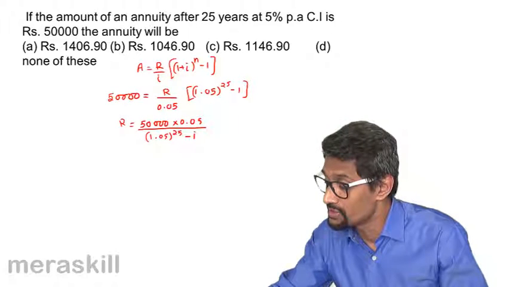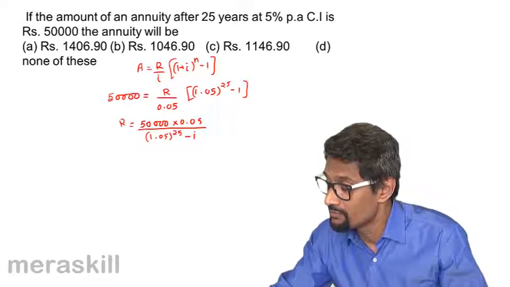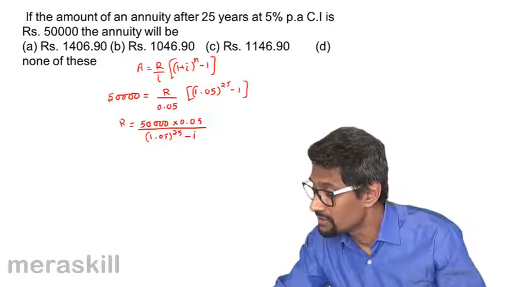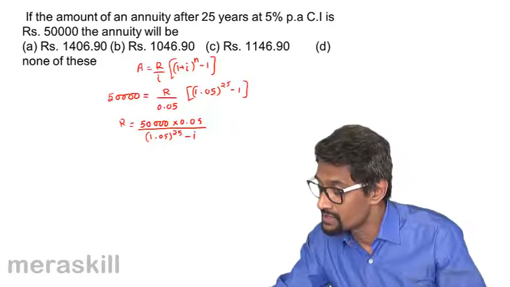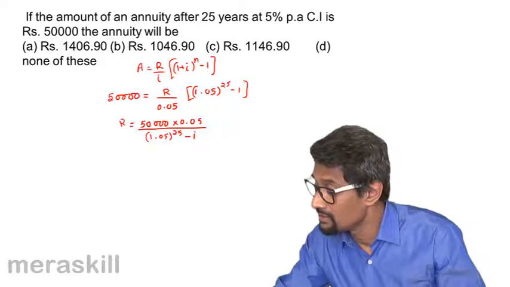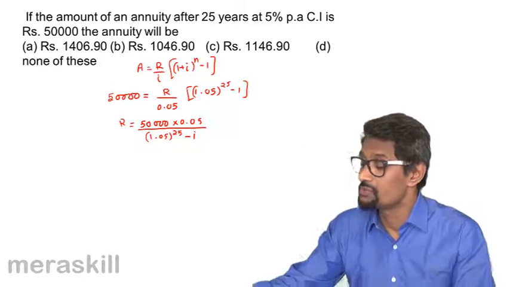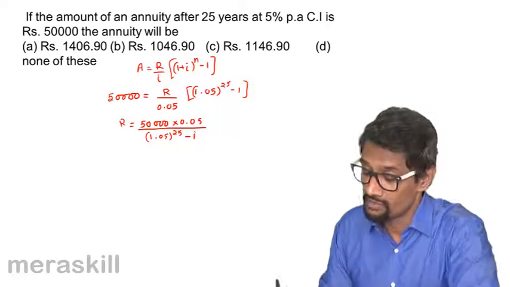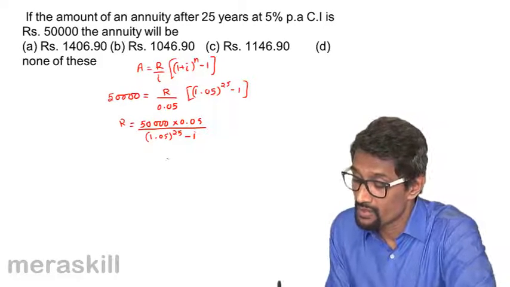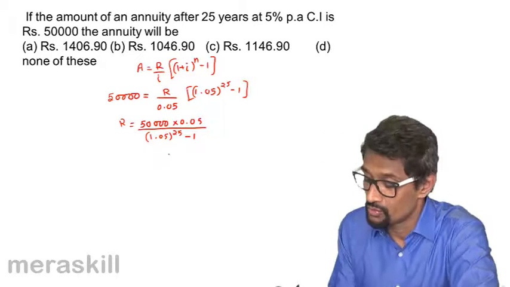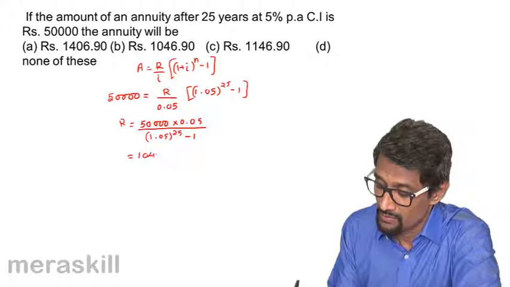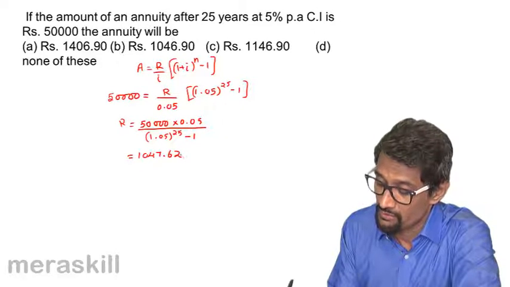Now what we need to do is 50,000 into 0.05 divided by whatever we have in memory, which turns out to be 1,047 rupees 62 paise, roughly 1,047.62.